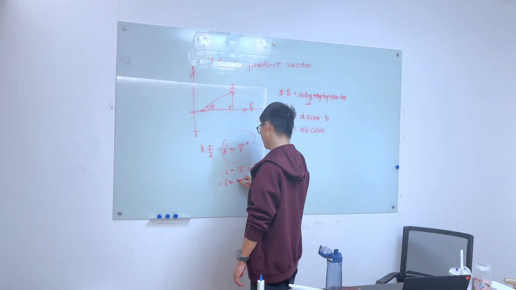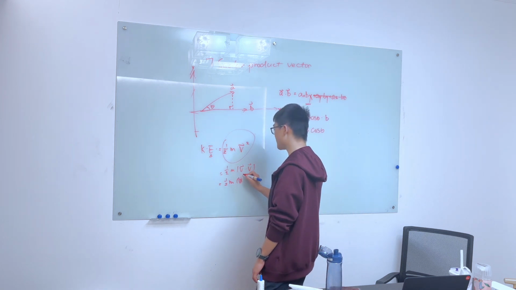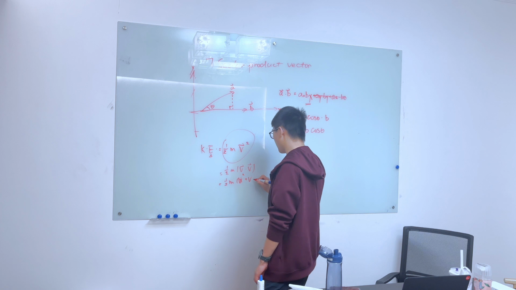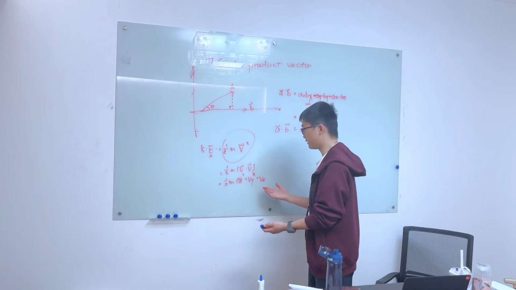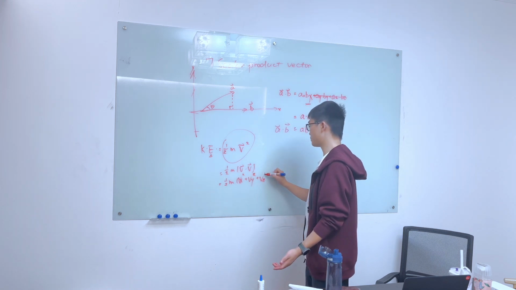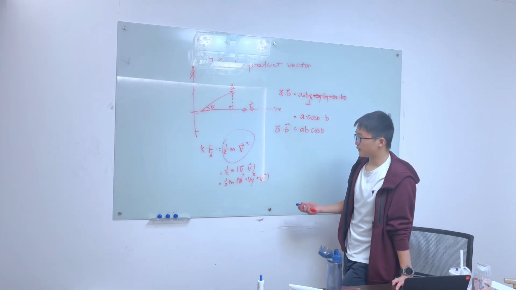It should equal the velocity component in the x direction squared plus the component in the y direction squared plus the component in the z direction squared, and that should equal this.